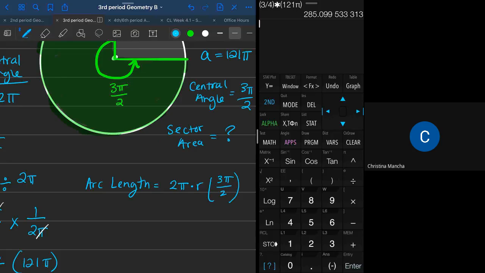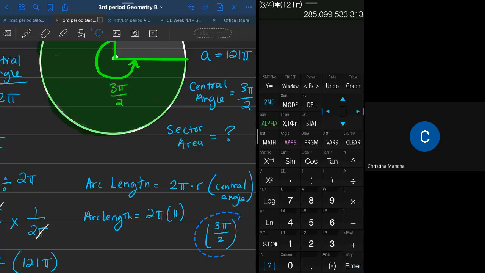So 2 times pi times the radius, that's a full circle, times the central angle. Let's go ahead and put it in general first. So then the arc length is equal to 2 times pi times 11 times 3 pi over 2.